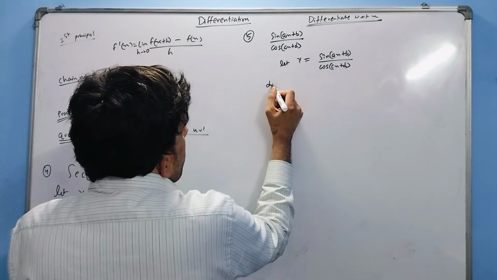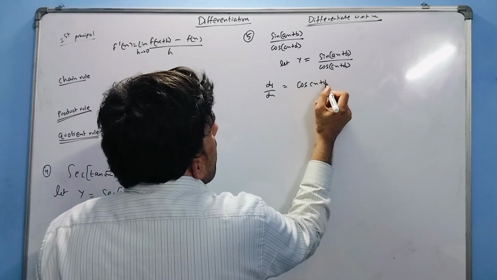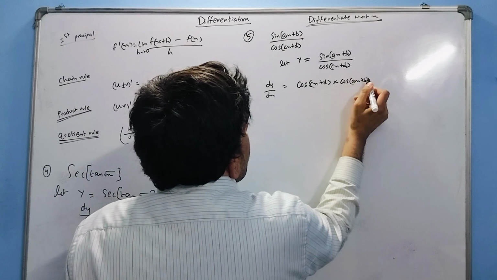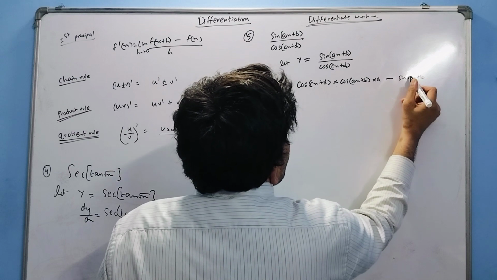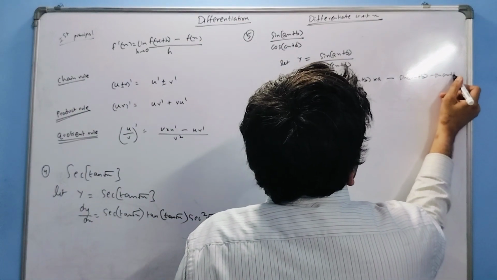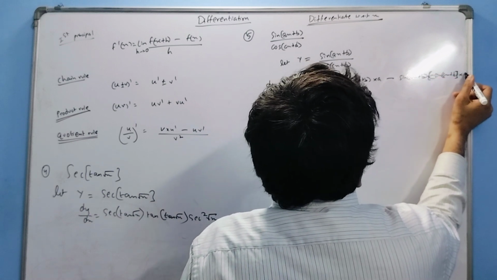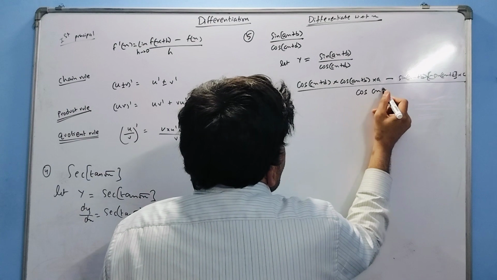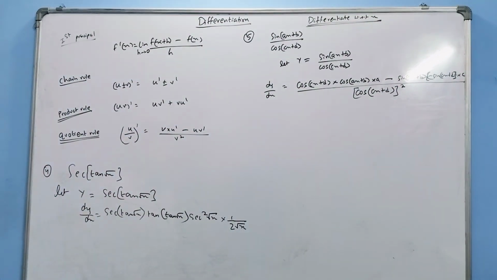So we'll say dy upon dx is equal to cos(cx plus d) into differentiation of this, which will be cos(ax plus b) into a, minus sin(ax plus b) times differentiation of this, which will be minus sin(cx plus d) into c, upon cos(cx plus d) whole square.